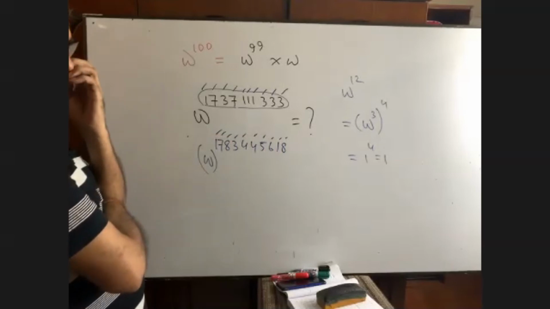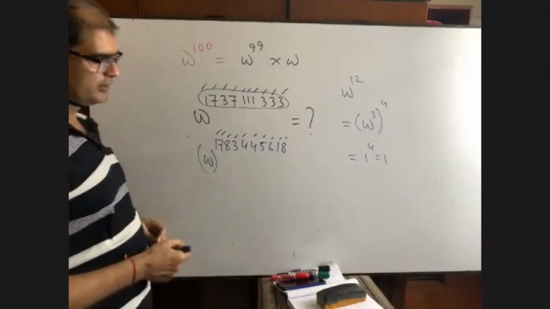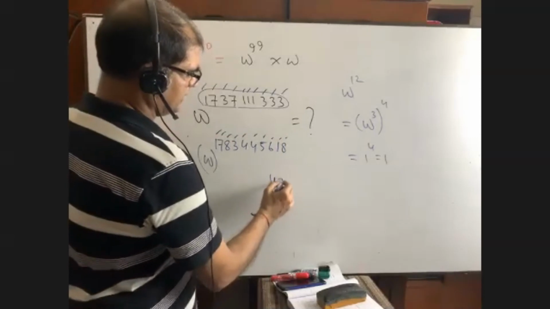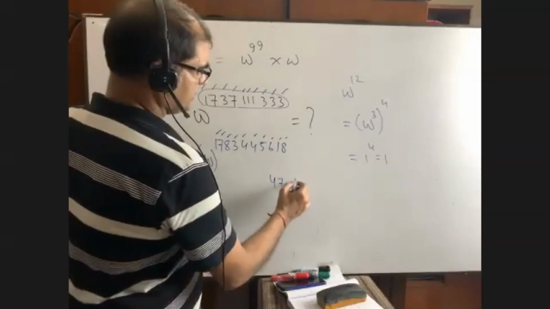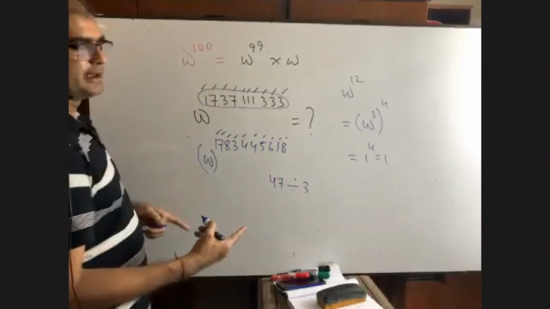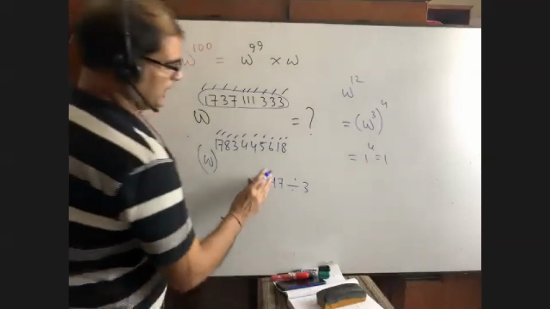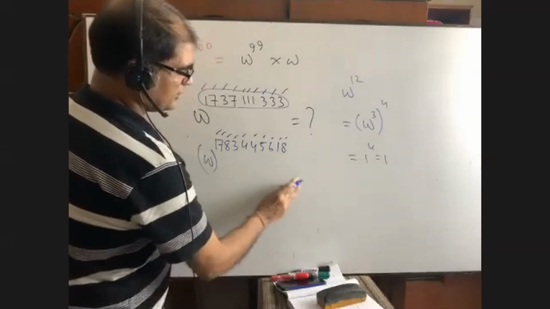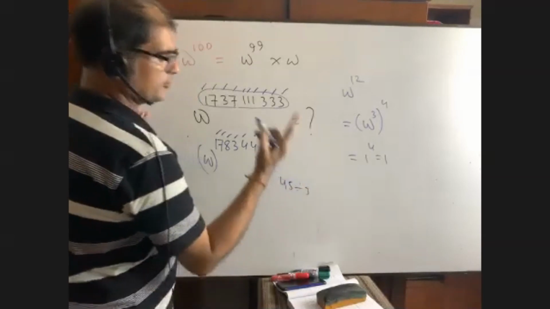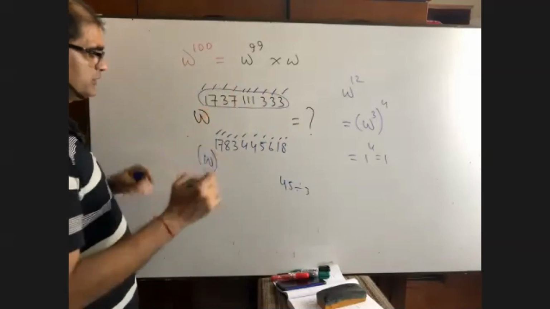Sir, 47. That's good. We are getting 47. But actually, 47 is not divisible by 3. I mean, we are not getting an integer after dividing, right? So here the nearest previous integer was 45, that is divisible by 3. Am I right? So you're left with 2. That is the answer, omega square.